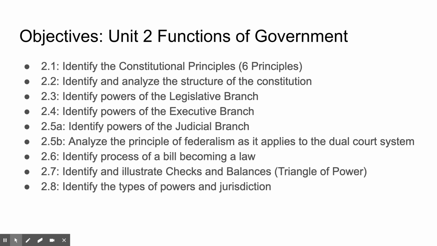And that's a really, really big power. This basically gives Congress a guideline to what they should be able to do, what kind of laws are going to be passed, what kind of qualifications are going to be.